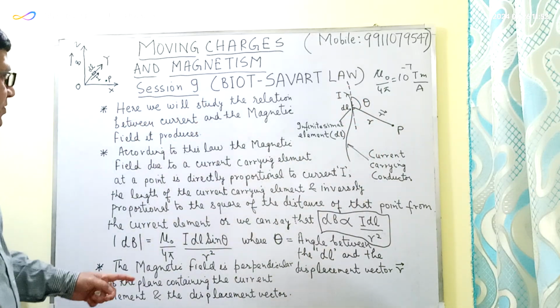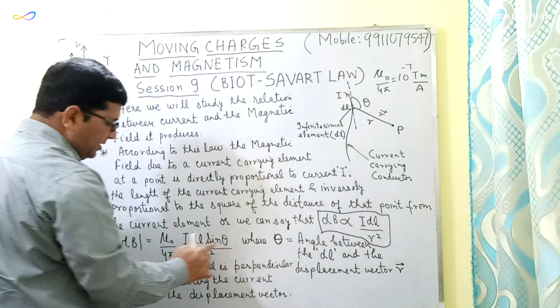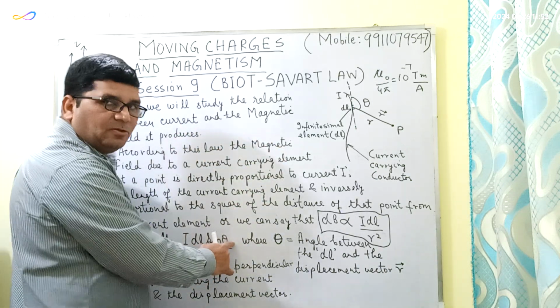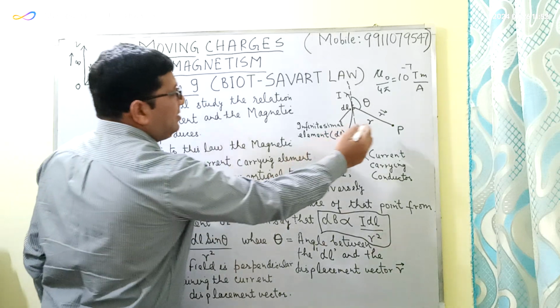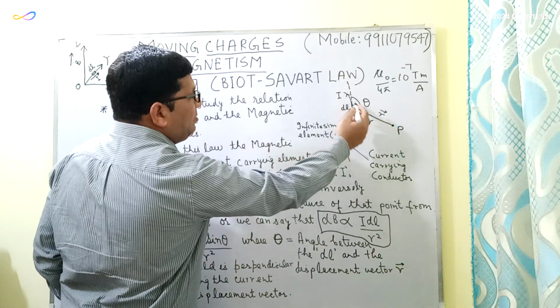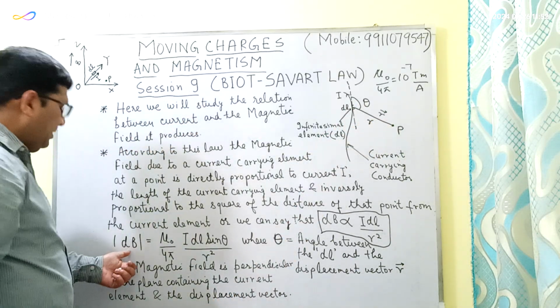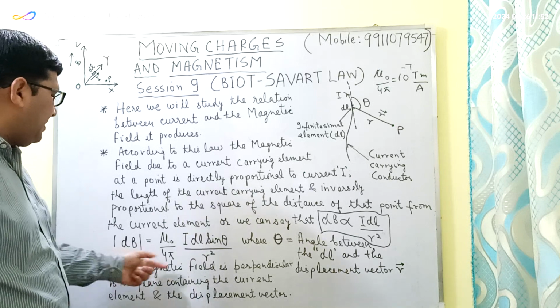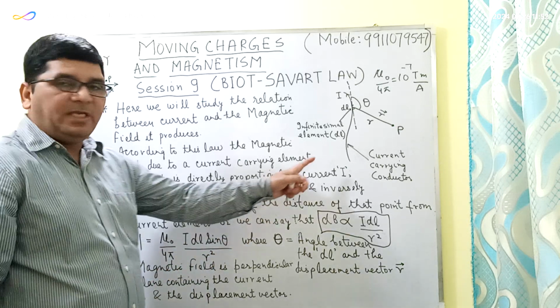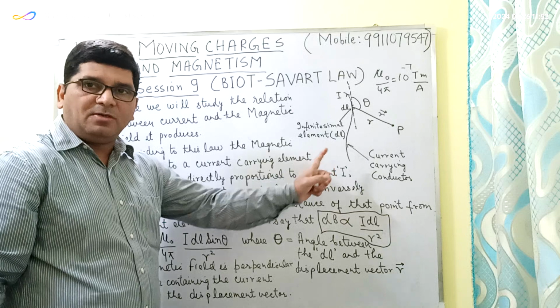Now from this equation, if theta is equal to 0, then the magnitude of the magnetic field will be 0.